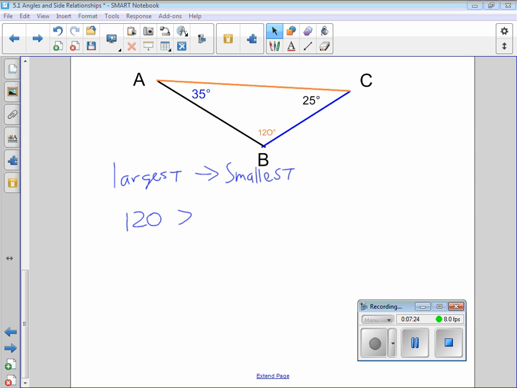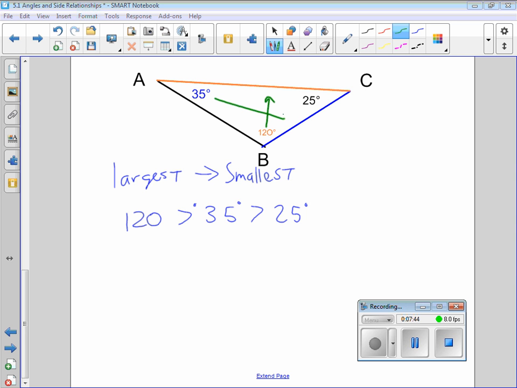I know that's bigger than angle 35, which is definitely bigger than 25. I'm just putting the information in there. And I might choose to draw some arrows to help me know this. I've color-coded the angles to go along with the sides for easier viewing, but that might not be the case when you're on a test. It's usually in black and white.